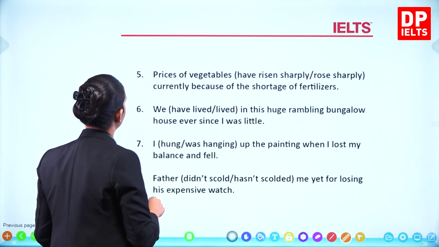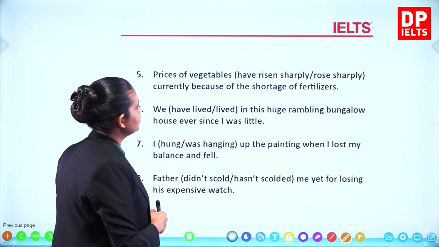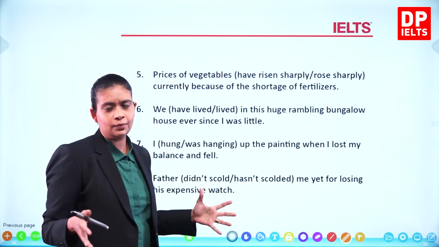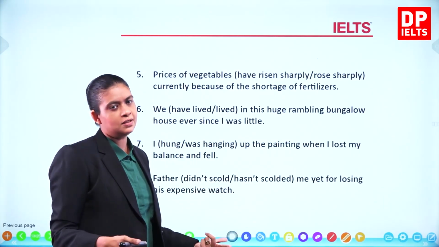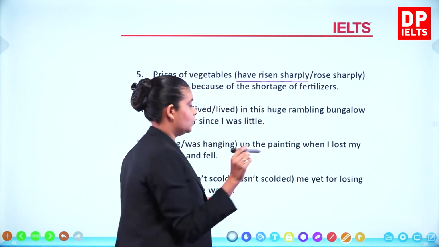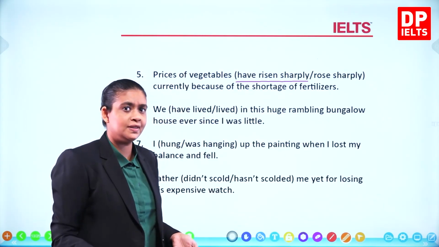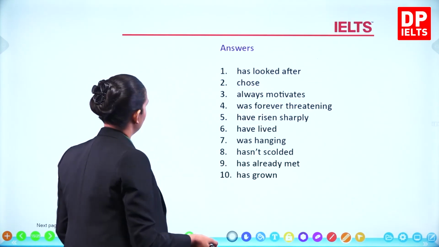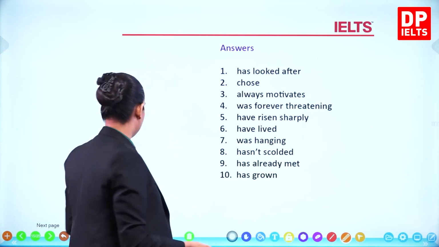Next one, prices of vegetables have risen sharply currently because of the shortage of fertilizers, right? So something currently, we're not sure of the definite time, but it is recent past, and therefore we can use the present perfect. We don't know the exact time, but we know it's recent past, but we don't know exactly when, okay? So therefore, it is have risen sharply.